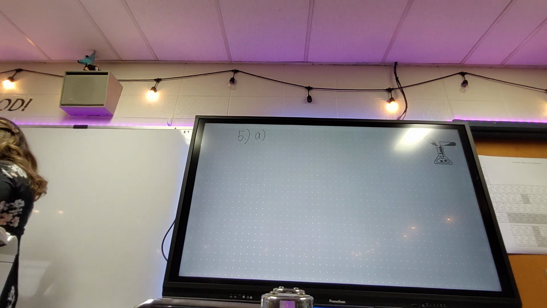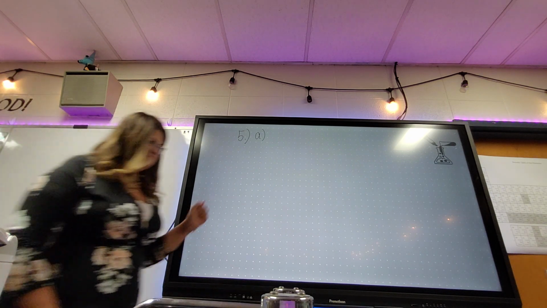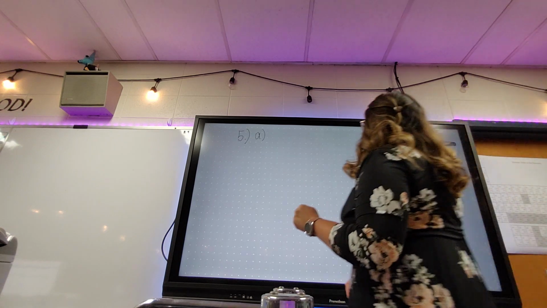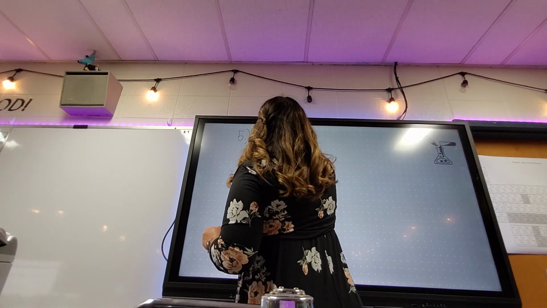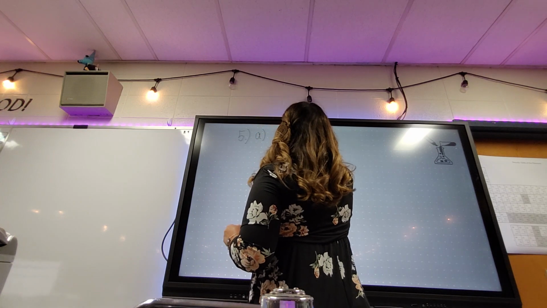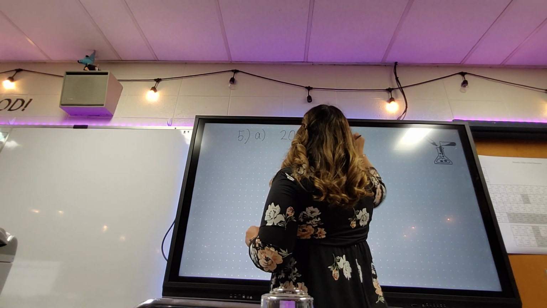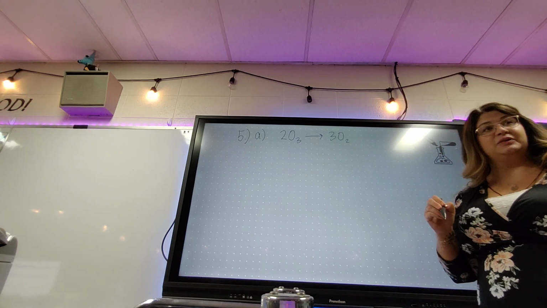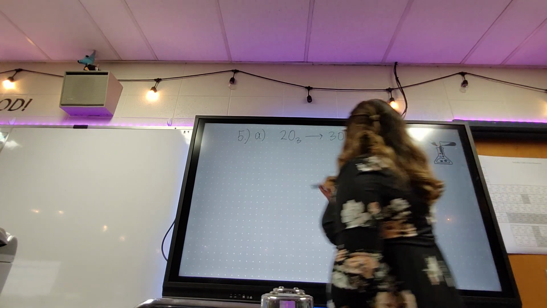Okay, so number 5 says, it's the reaction with ozone, right? Yep. So 2O3 yields 3O2, is that true? Okay, good. And then your problem there will tell you to write the rate law.